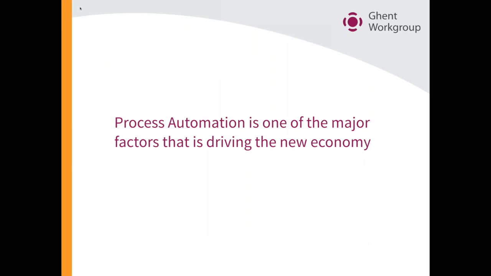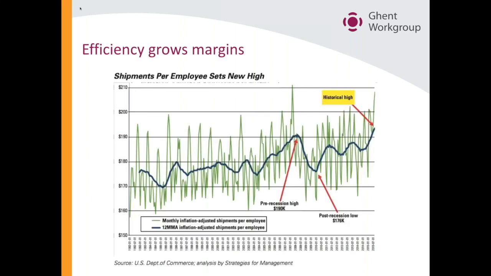And we believe that process automation is, in fact, one of the major factors that is driving the new economy. Why is that? Well, ultimately, if you're efficient, it's going to grow margins. The shipments will be less expensive to produce.